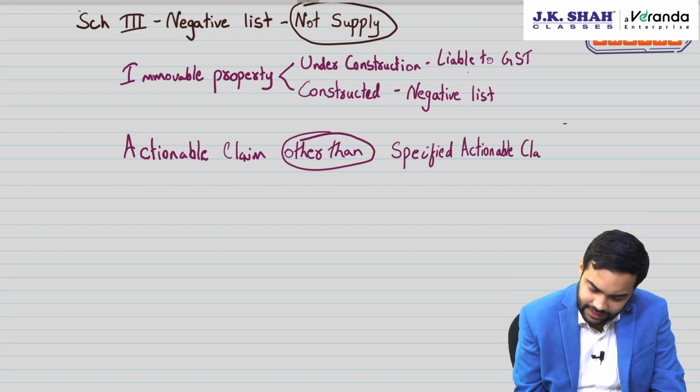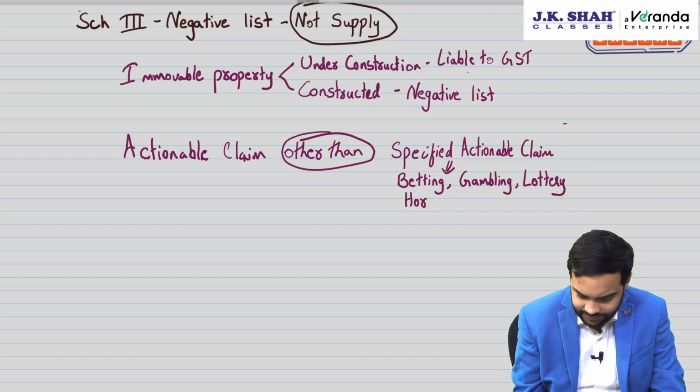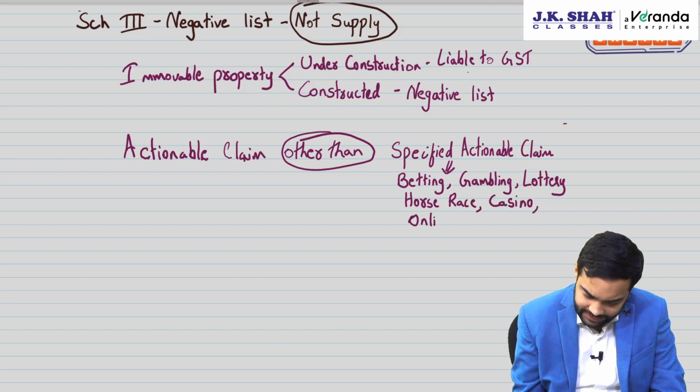Specified actionable claim, and the specified actionable claims are betting, gambling, lottery, horse racing, casino, and lastly online money gaming.